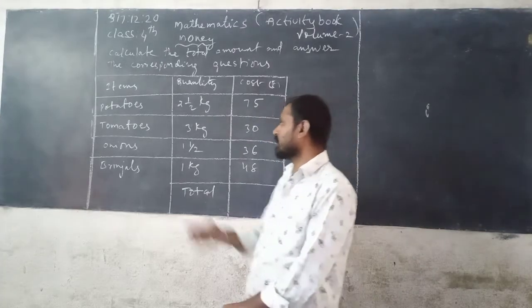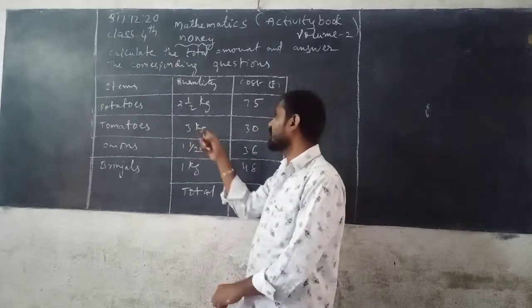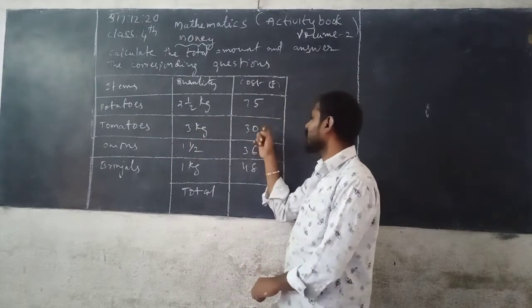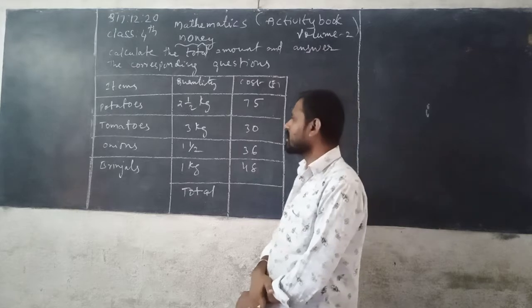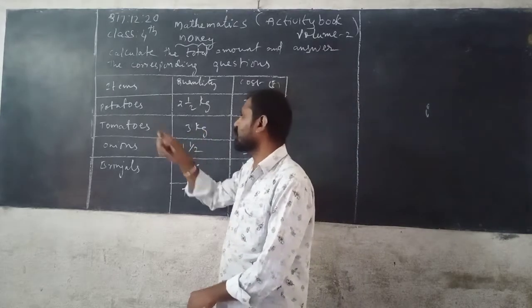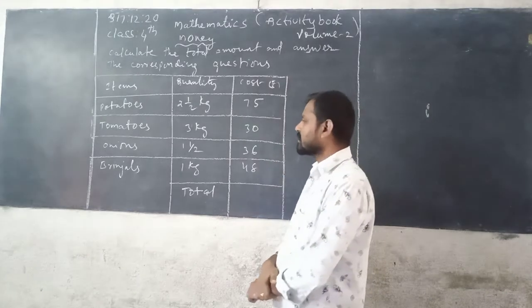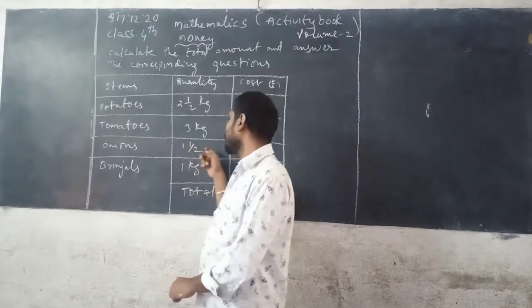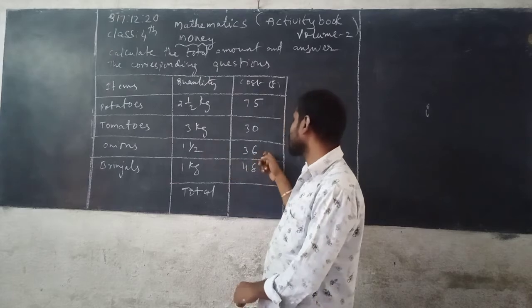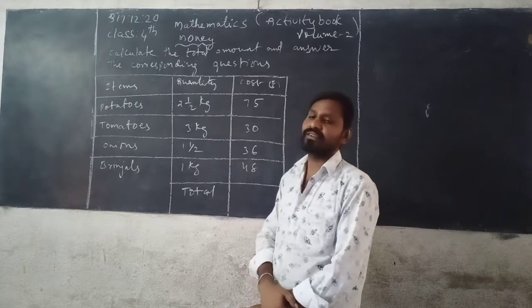Now, next item, tomatoes. Quantity 3 kg. Total cost 30 rupees. The cost of 3 kg of tomatoes is equal to 30 rupees. Now next one, onions, quantity 1.5 kg. Cost 36 rupees.